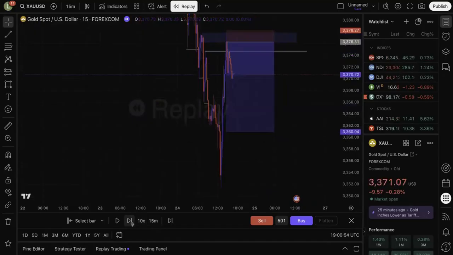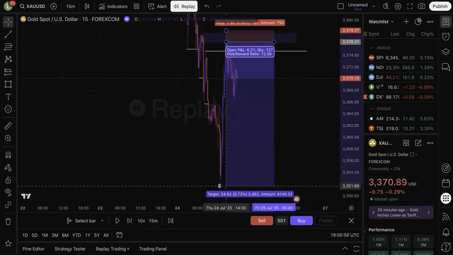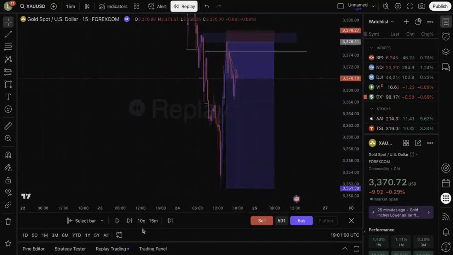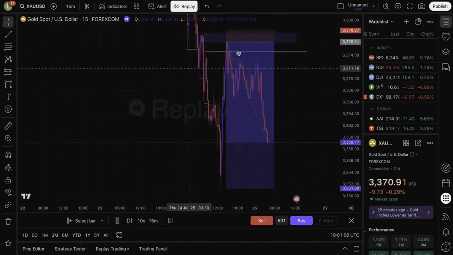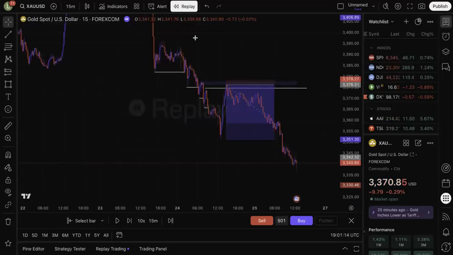Then after your desired risk to reward ratio, usually you can target below here. Price trends all the way to your TP. Do you understand? That is example one.